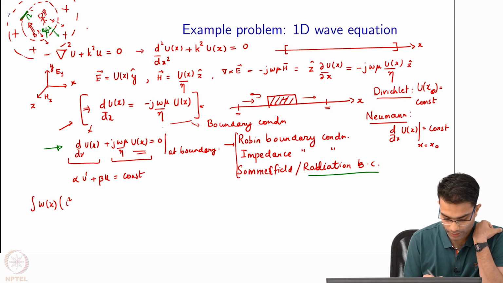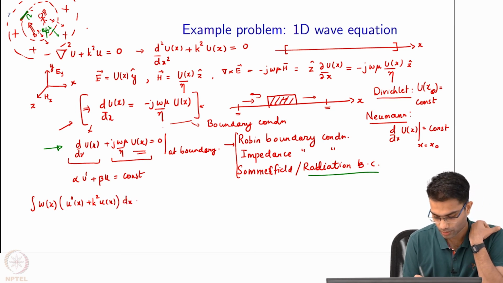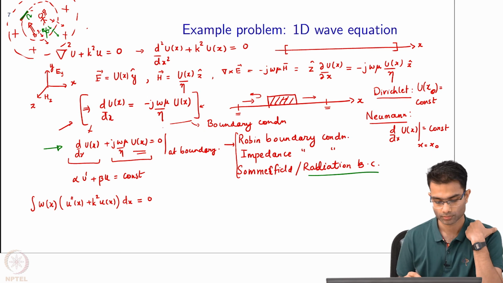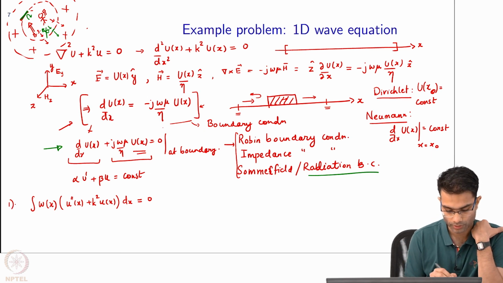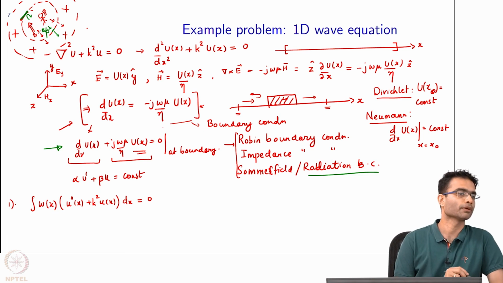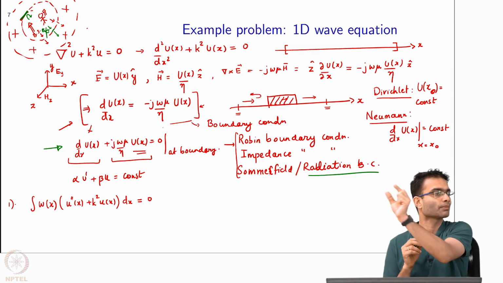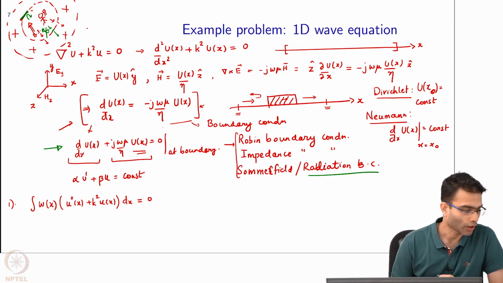Okay, so let us just write it as u double prime x plus k squared u of x minus 0, there is no right hand side right now, okay. So, this is just the definition of FEM. Take your weighting function, take your residual, integrate. The W's are going to be the weighting functions for each segment. I will define it.